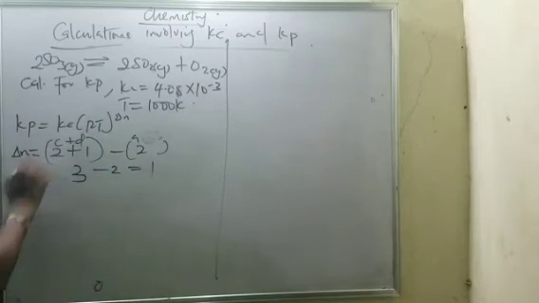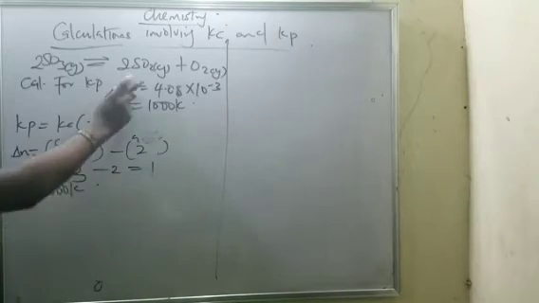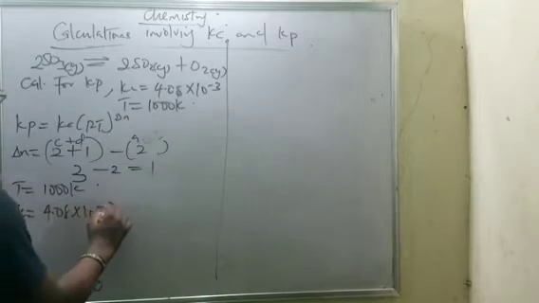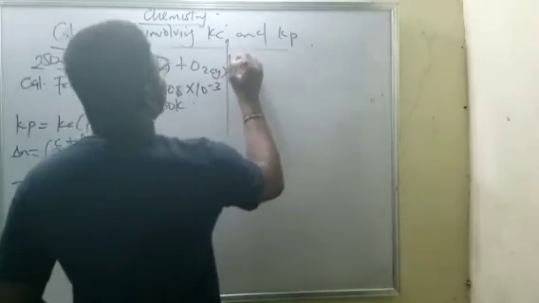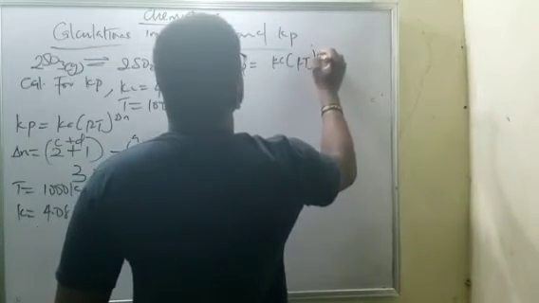Then our temperature is already given in Kelvin, so there's no conversion that we need. Our Kc is given as 4.08 times 10 raised to power minus 3. Simple, we just need to substitute. So we have Kp is equals to Kc (RT) delta n.